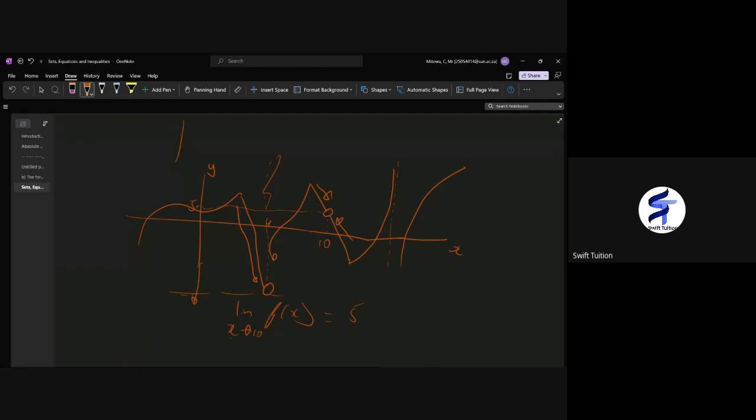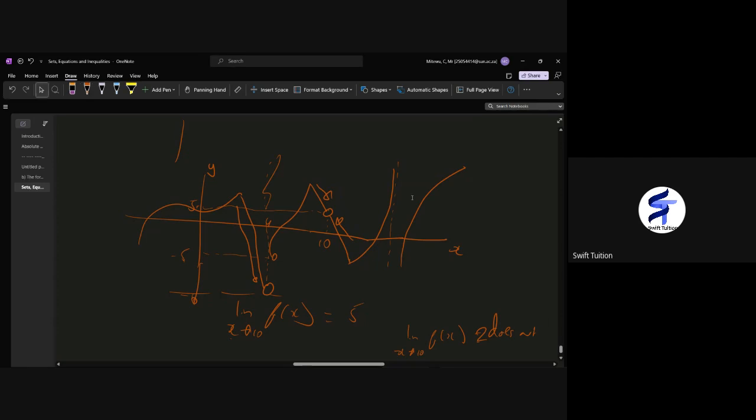But from the right-hand side, I'm equal to, for example, -5. So the limit for the function does not exist, because you're approaching different values from the left-hand side and from the right-hand side.